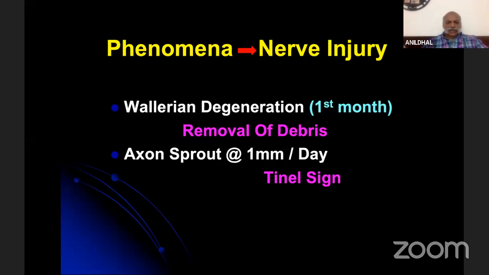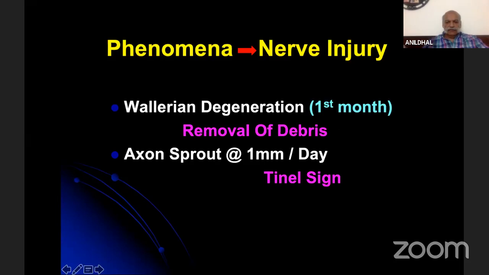As far as the phenomena following nerve injury are concerned, the moment there is a transection of the nerve, the distal segment of the nerve undergoes Wallerian degeneration, which is essentially removal of debris. It is a scavenging phenomenon which occurs in the first month following injury.